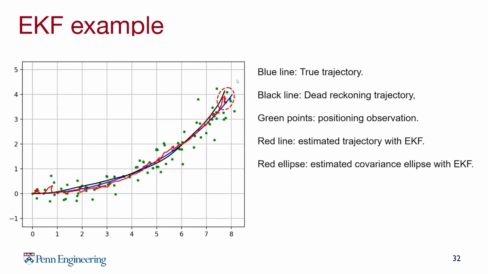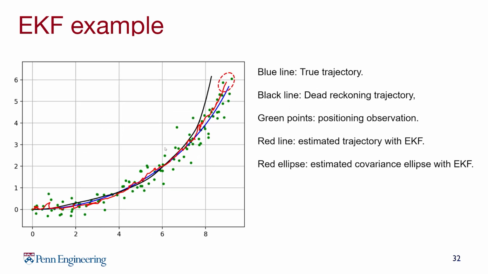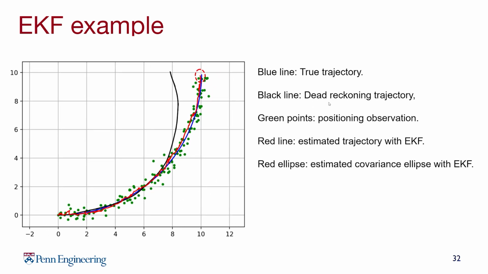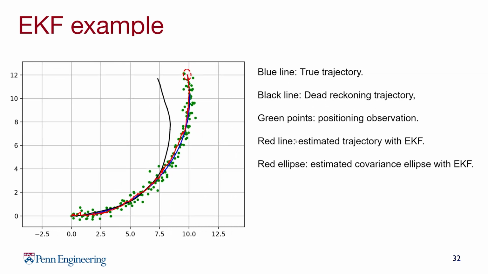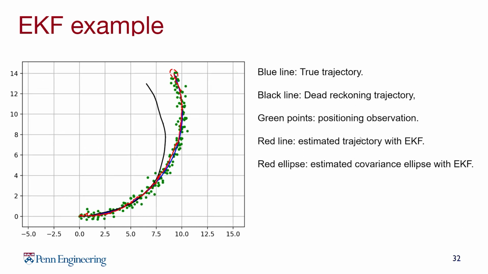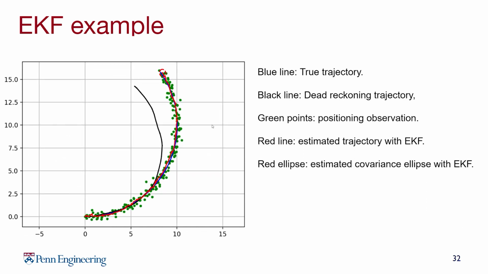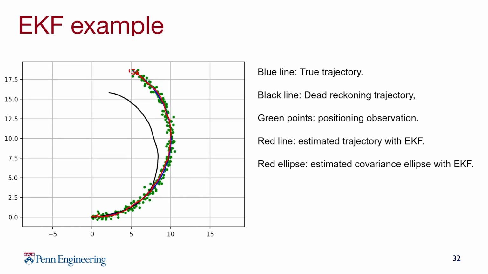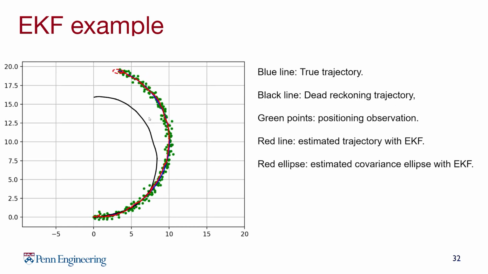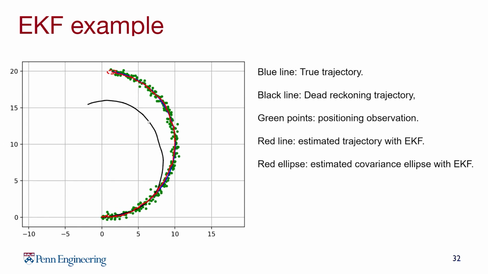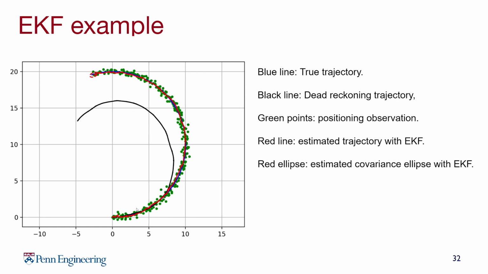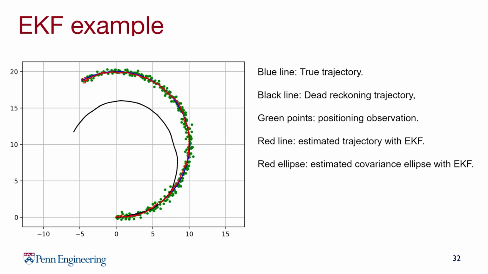As we can see here, the blue line is the true trajectory, and the black line is the dead reckoning trajectory. The green points are the positioning observations. Here the observation is actually given by some GPS signals, which show a certain position of the car.